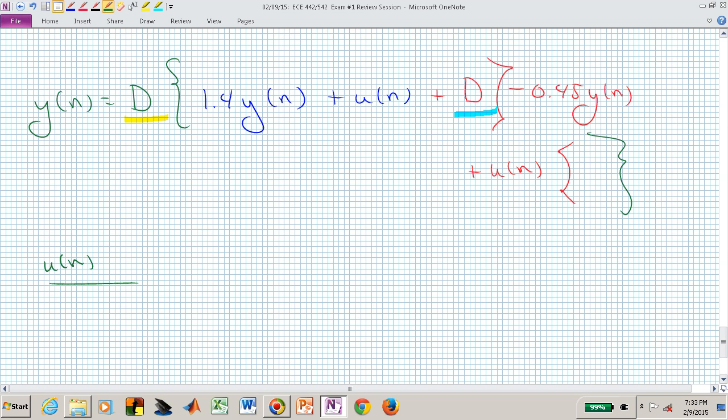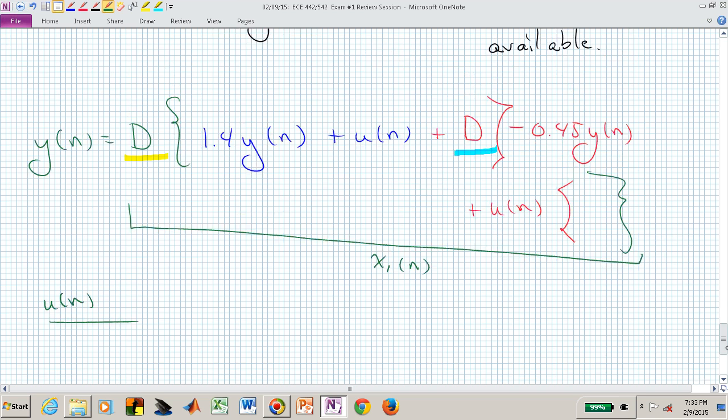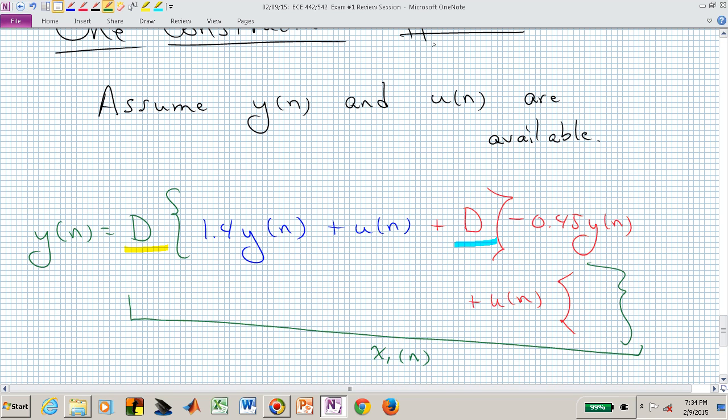So what I'm doing now is I'm saying that this entire piece is now x1 of n, effectively. I'm going to label that delay block in a minute, but let me go ahead and say it there. So the input to this delay block, is it clear that the input to the delay block is 1.4 y of n plus 1 times u of n? Let me put those in.